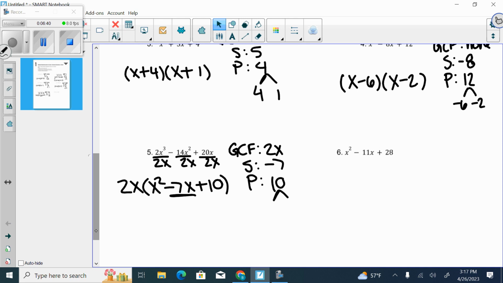They both got to be negatives, right? All right, so remember, bring your GCF down out in front, 2x, times my first factor, x minus 2, times my next factor, x minus 5, right?